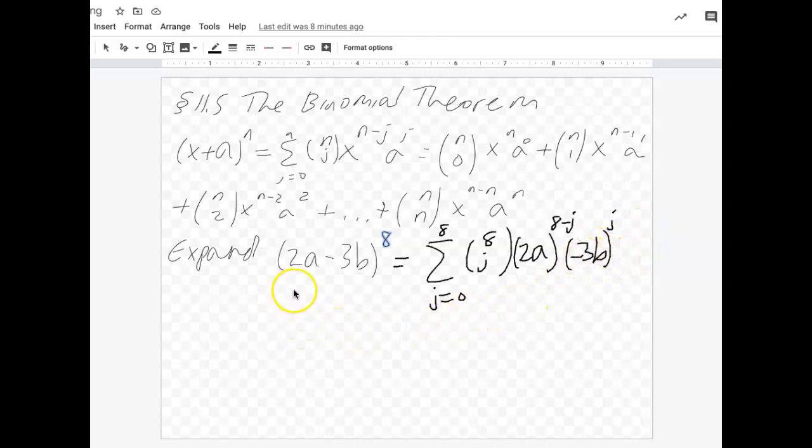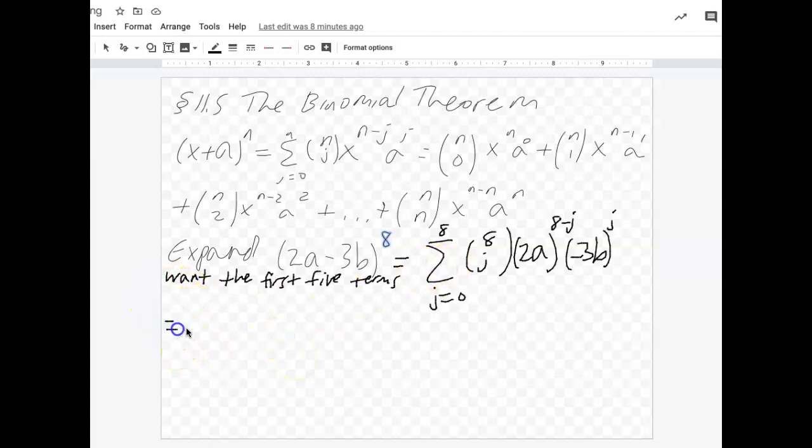And in our notes for this problem, we just want the first 5 terms. It becomes really tedious and a lot to write to go out to the 8.